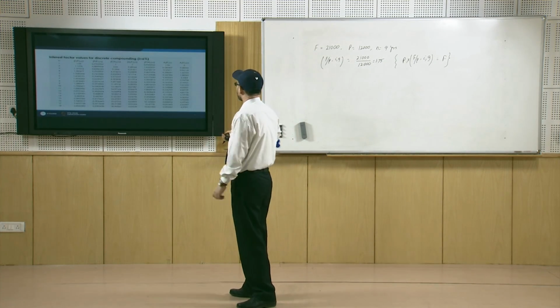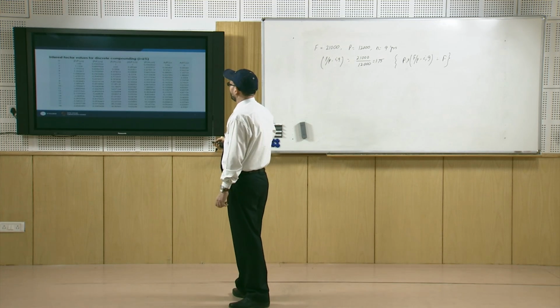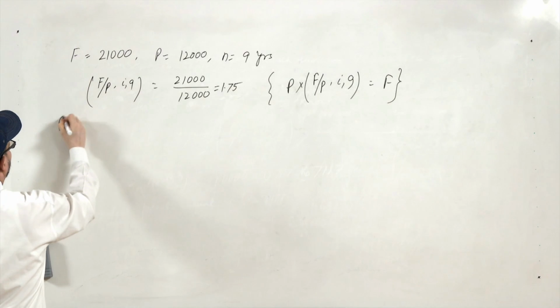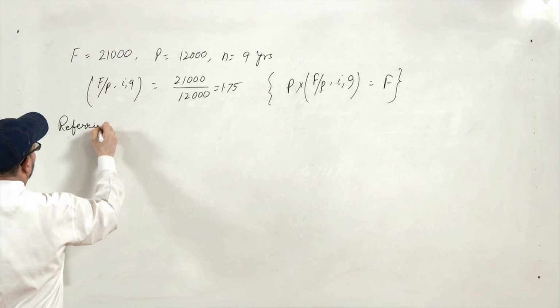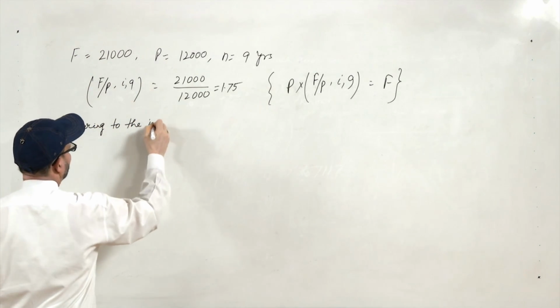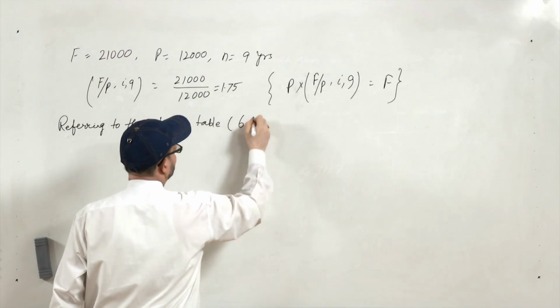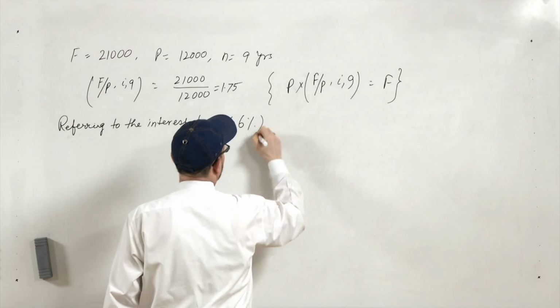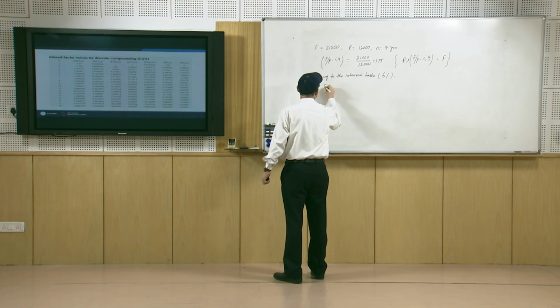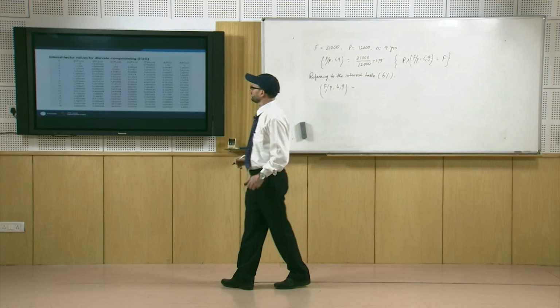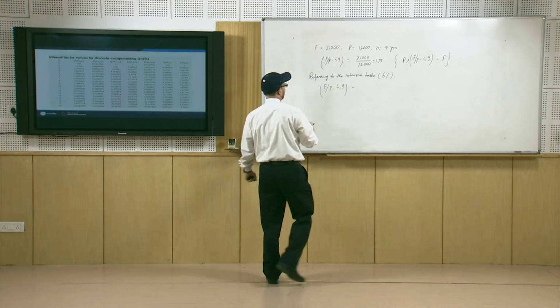If we see the 6% interest table, corresponding to 9 years, we get F by P, I, N as 1.6894.